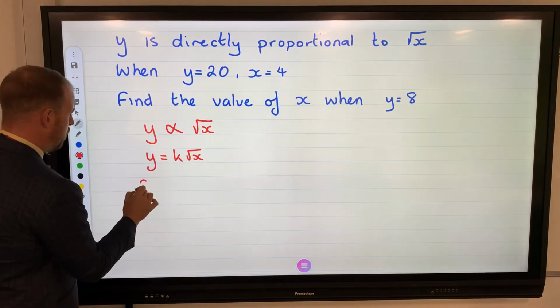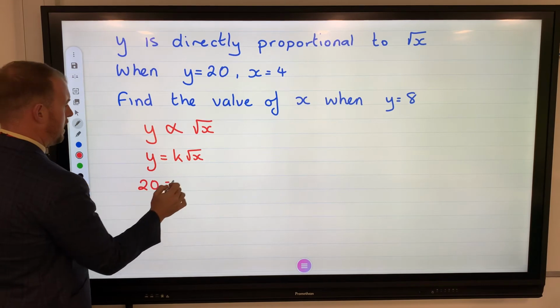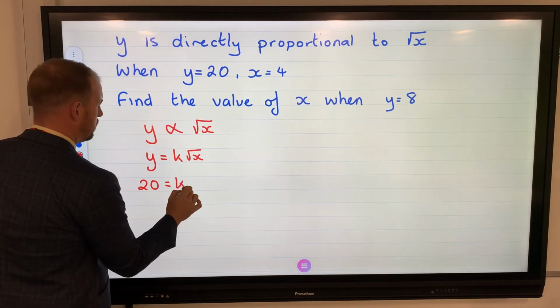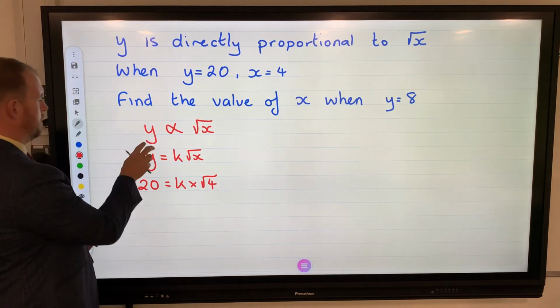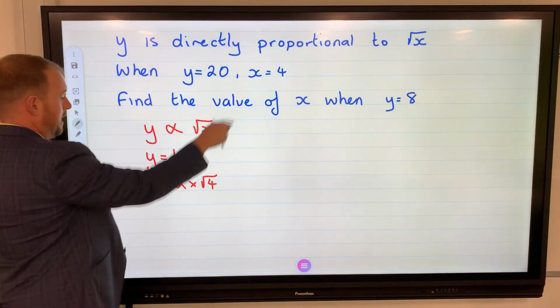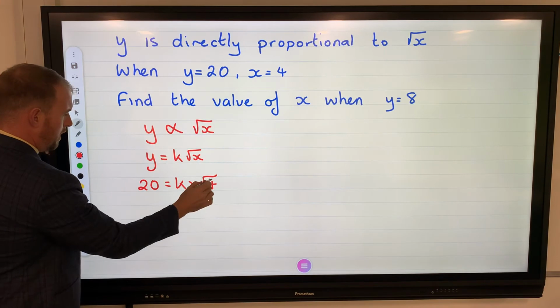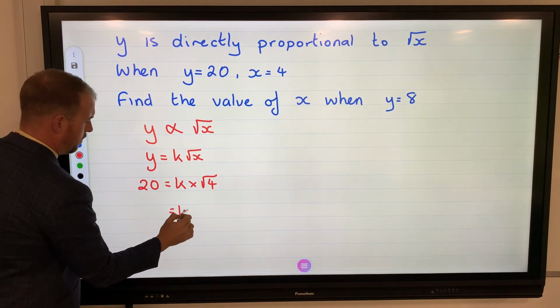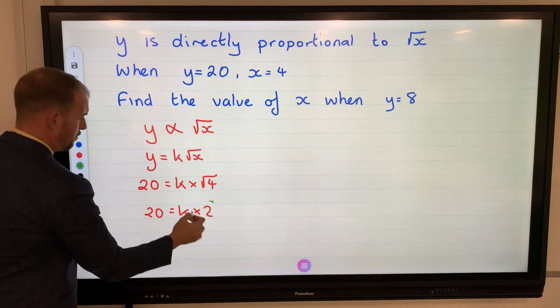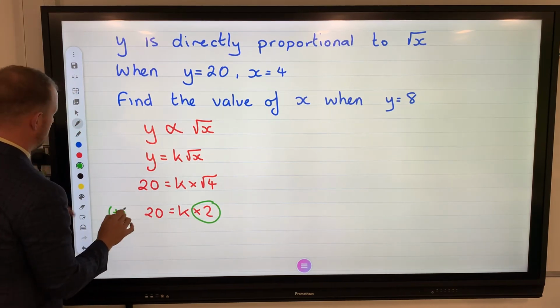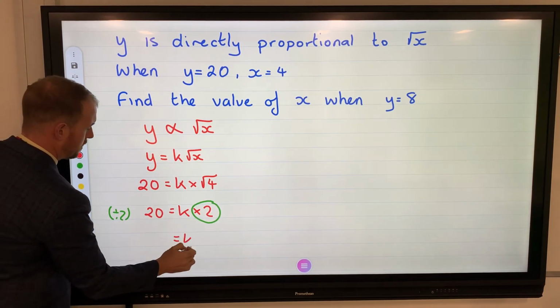When y is 20, x is 4. So that's the constant times the square root of x, which is 4. So I've substituted the y for 20 and the x for 4. Well, square root of 4 is 2, which if I use the inverse operation by dividing by 2, that makes the constant 10.